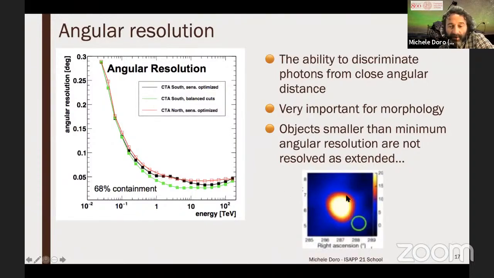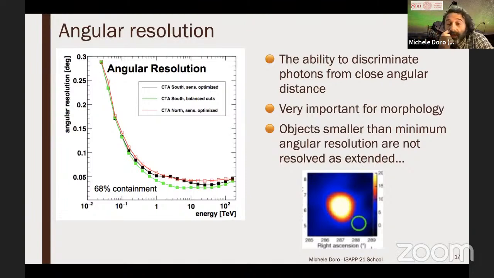For example, if you look at something produced in gamma rays, you always have the reference PSF. The PSF is this line here, this radius here. And you can judge by eye that this is a slightly extended source, okay? So it's important to have angular resolution if you have an object whose morphology you need to know.